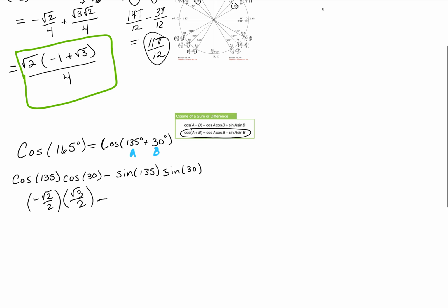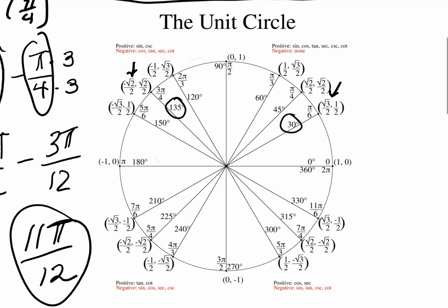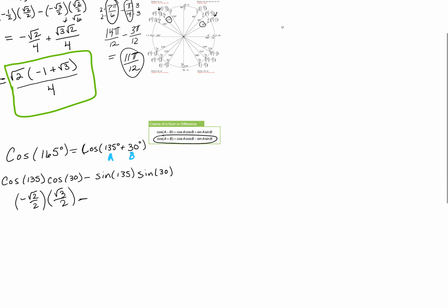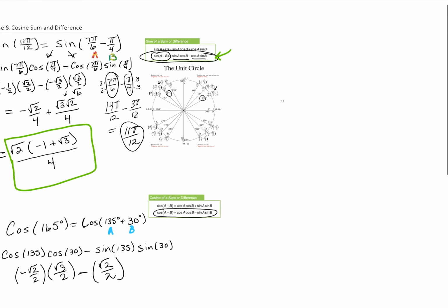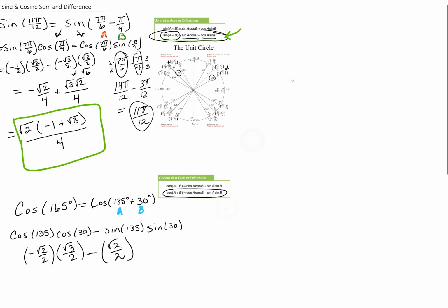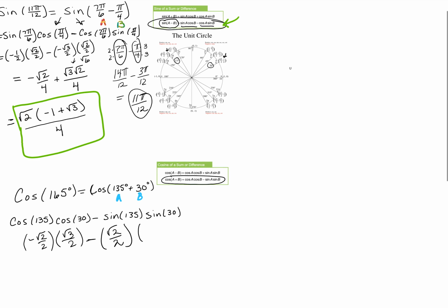Minus the sine of 135. The sine of 135 is this one, the square root of 2 over 2. And then the sine of 30, which is right here, 1/2. There we go.